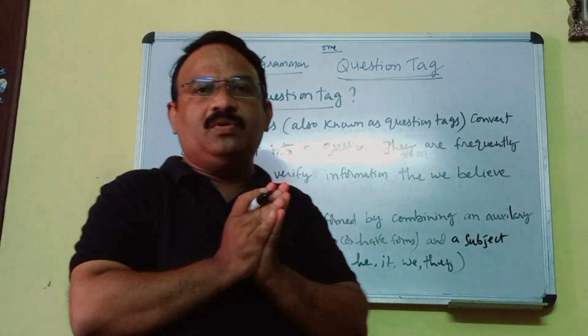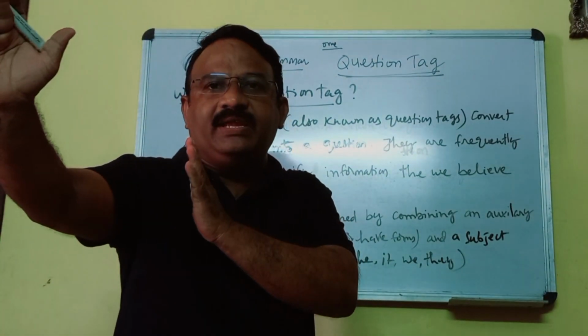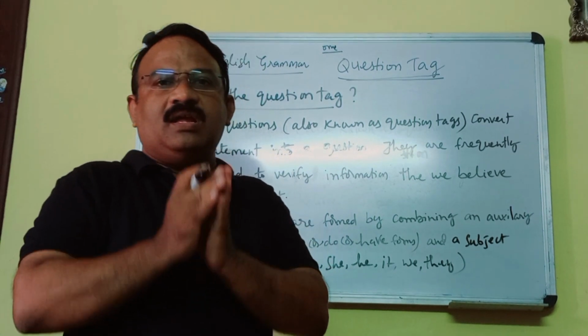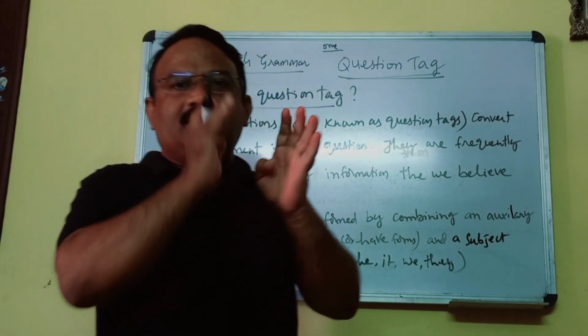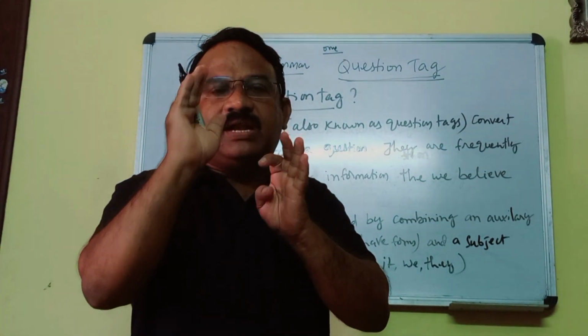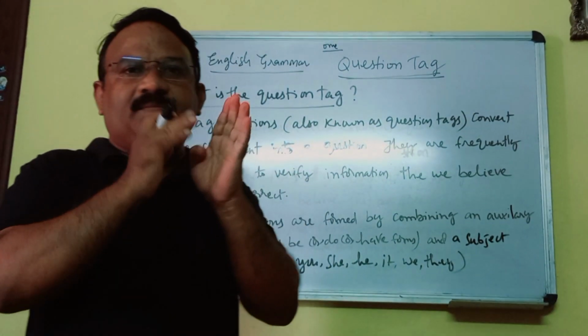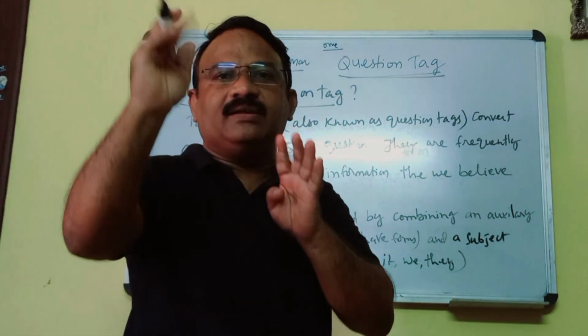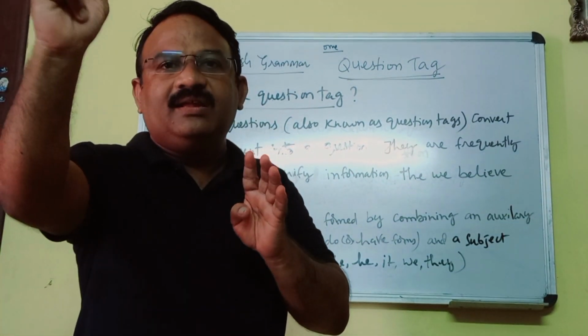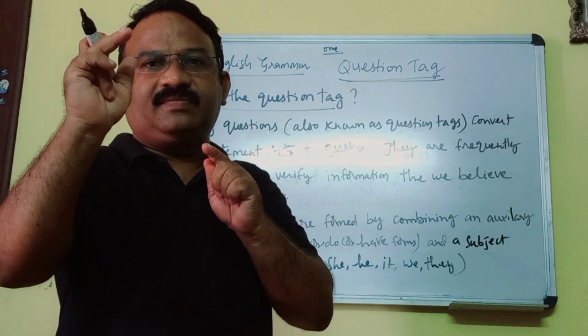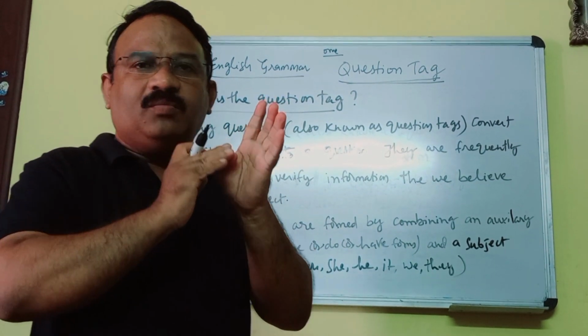For example, he is playing cricket. Whether that statement is correct or not, we have to verify. That means he is playing cricket, isn't he? That is question tag. Okay. And one more example.